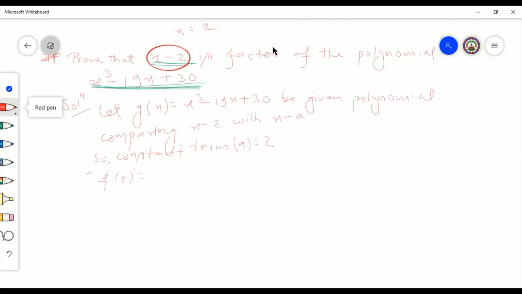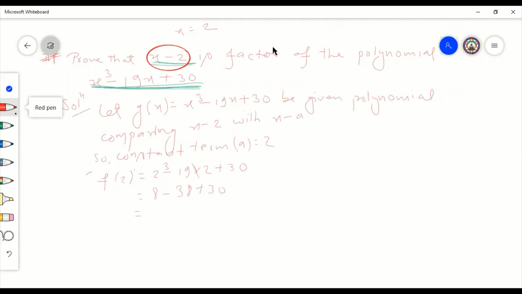Now here, if you substitute, that is the 2 cube minus 19 into 2 plus 30. So now what do you get? That is the 8 minus that is the 38, 38 plus that is the 30. So we can say that here will be a 38.